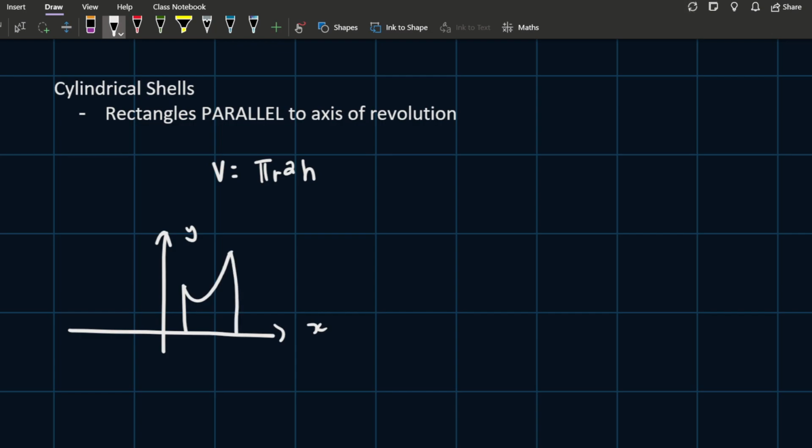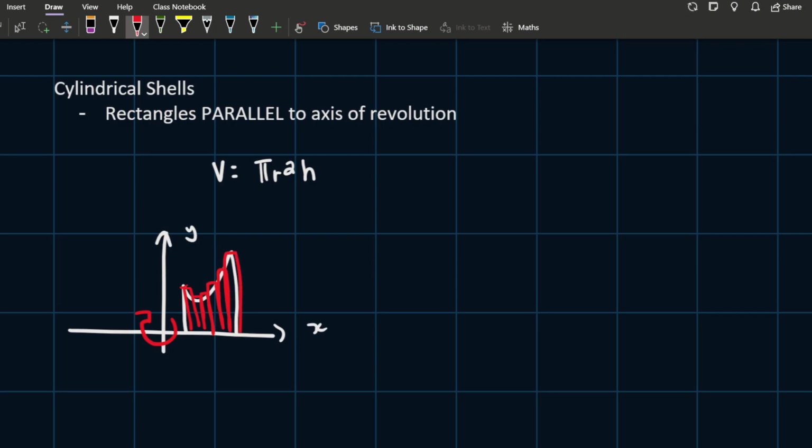And let's say for this one, ire-revolve natin siya about the y-axis. So, as mentioned, we're going to make use of rectangular strips which are parallel to the axis of revolution. The axis of revolution is the y-axis, so we're going to make use of vertical rectangles.